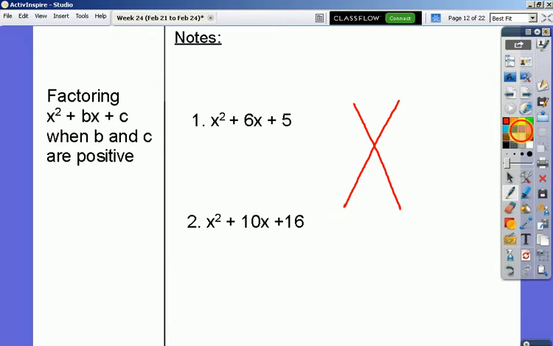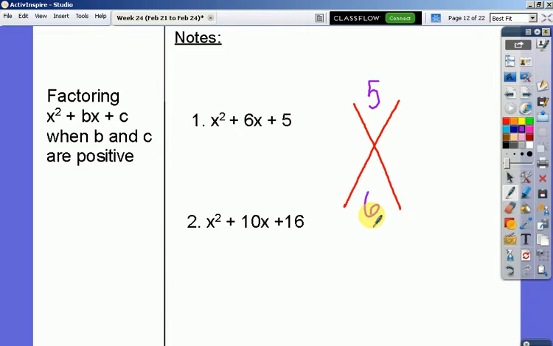So here's what I'm going to do with that X. I'm going to think, okay, what multiplies to be 5 and adds to be 6? What two numbers would that be? 5 and 1. Yeah, right? 5 plus 1 is 6. 5 times 1 is 5. Does that make sense?